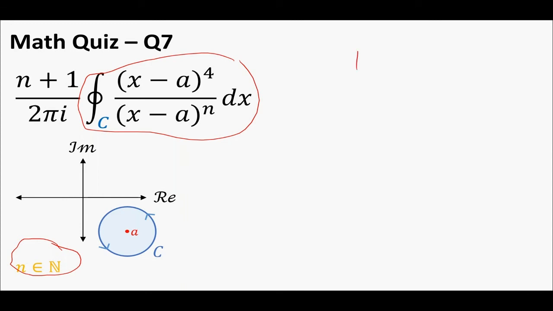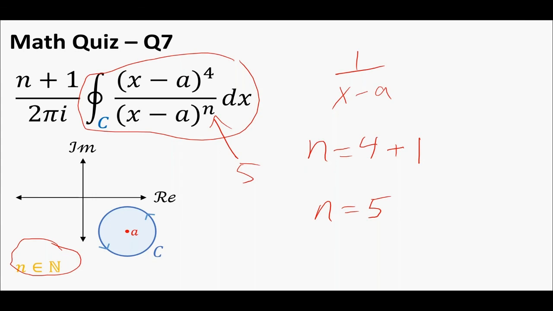We only get something if we have it in this form. So we want n to be 1 more than 4, because we want a 5 down here. So n is equal to 5, and if that is true, then the integral will equal 2 pi i.